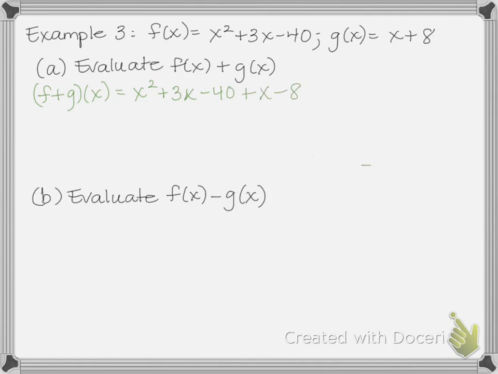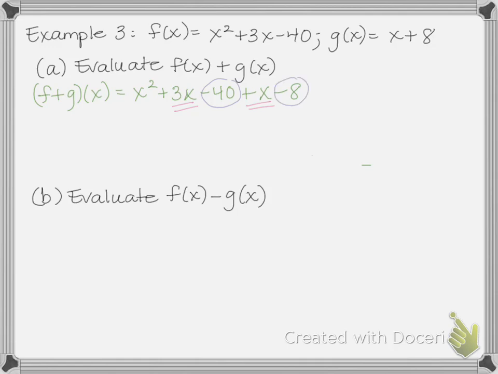And they look for their like terms. So they notice that the 3x and the x are like terms. And I also noticed that the negative 40 and the 8 are like terms.